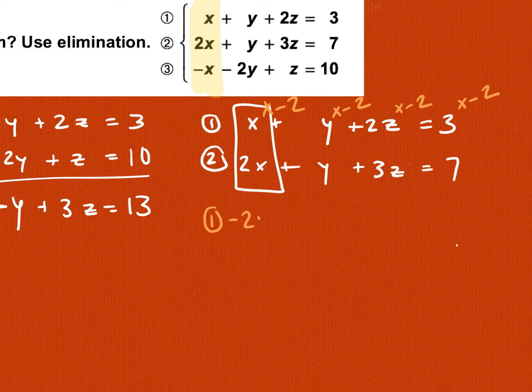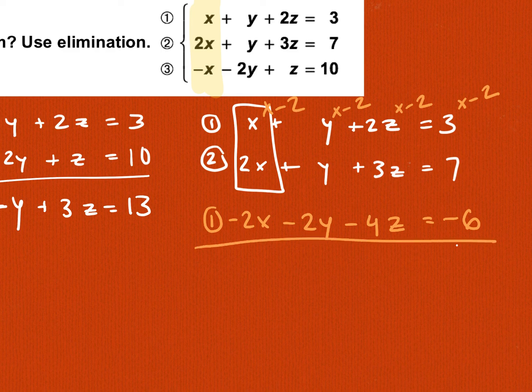So I have negative 2x minus 2y minus 4z is equal to negative 6. Will my x's cancel out now? Yep, I have 2x and negative 2x, so they're going to cancel. So now I'm adding these 2 together.